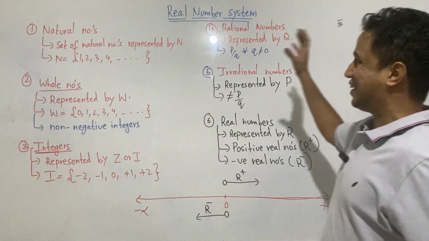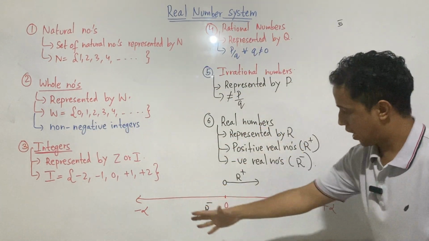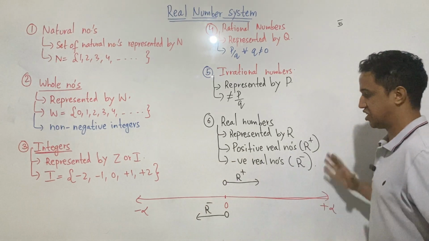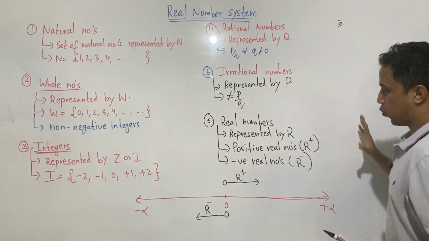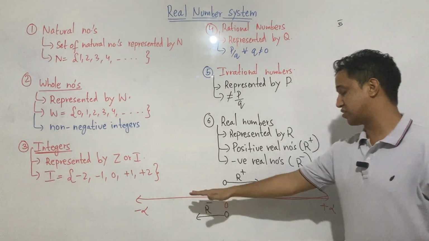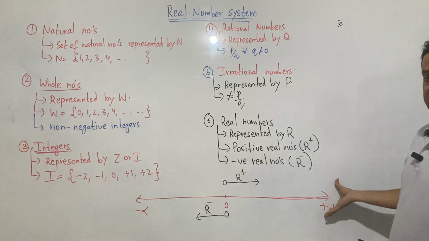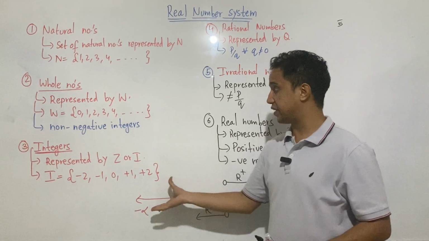You can include all those numbers within these real numbers. This line represents positive real numbers on the positive side, negative real numbers on the negative side.